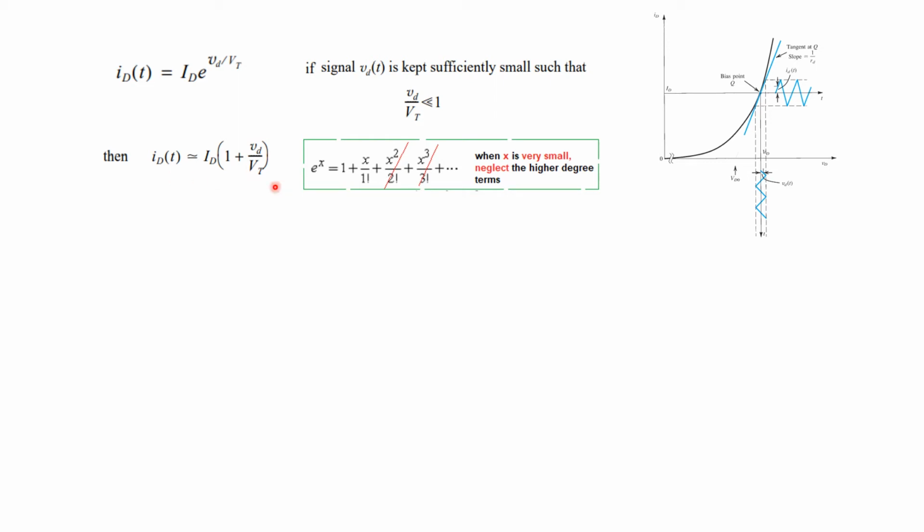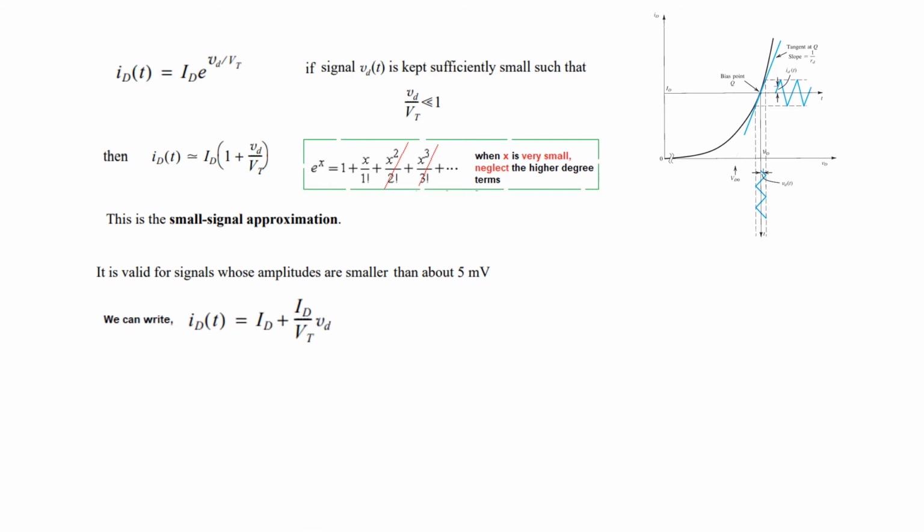So this is the approximation, or the small signal approximation, and this is valid for a signal less than 5 millivolt. So from here we can write iD in this form, just opening the bracket, and this is the small signal model. Now we'll use these two models, the exponential model and the small signal model, in solving the next problem.